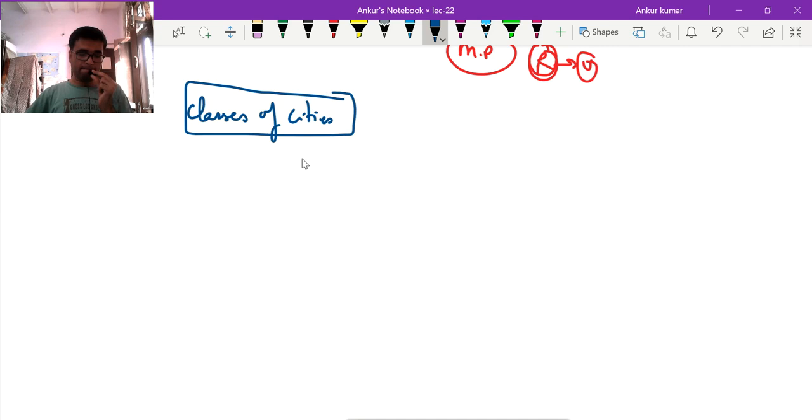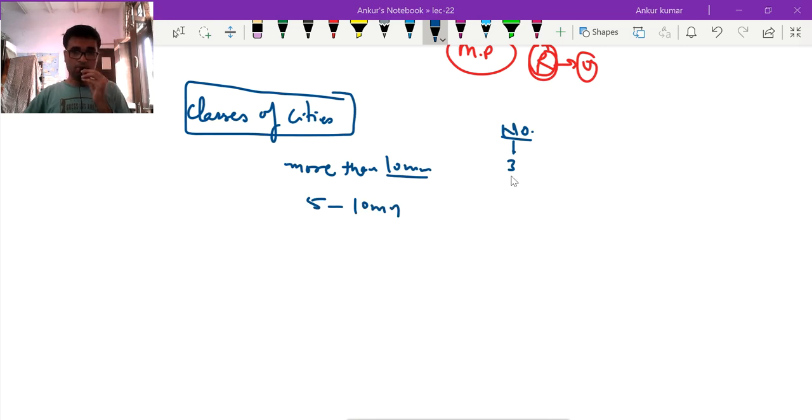So the first is, let us say, the cities which have more than 10 million people. Their number is 3. Cities having 5 to 10 million people, their number is 5. Okay, 2 to 5 million people, their number is 11.